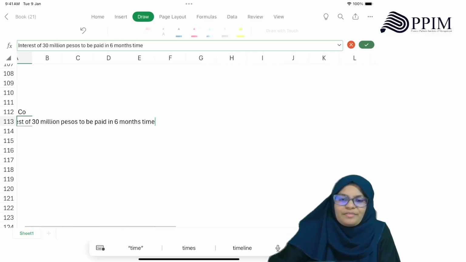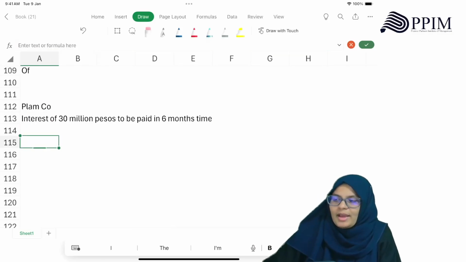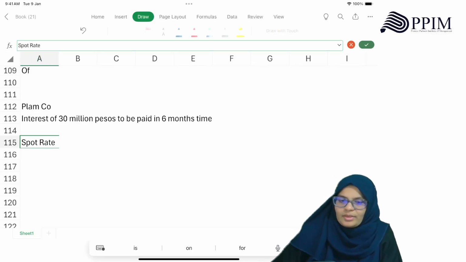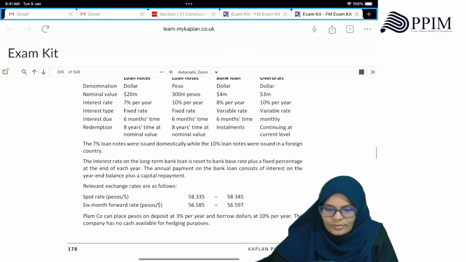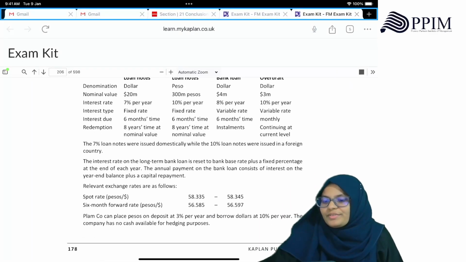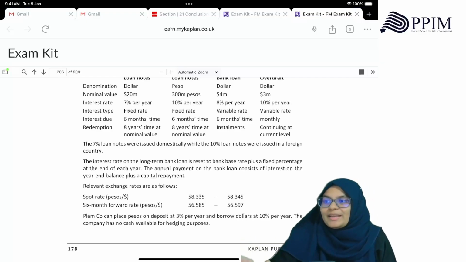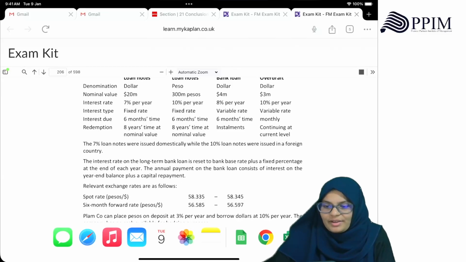Okay, so now if I look at the spot rate, if I was to do this transaction today, how much will it cost me in dollars, right? So if you look at the spot rate, they told me it is 58.335 to 58.345. Okay, so now in this case, we are going to pay pesos, meaning we have to buy the peso from the bank because we don't have pesos with us, right? So meaning the bank is selling pesos to us. They always sell at the lower rate. Okay, so that will be 58.335.